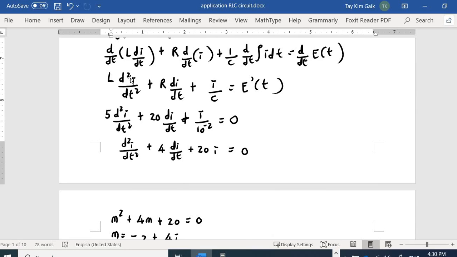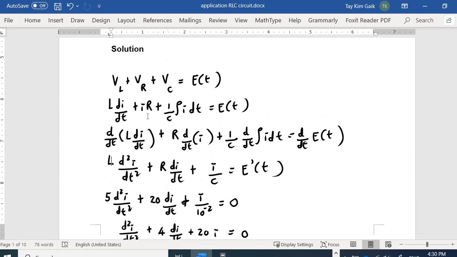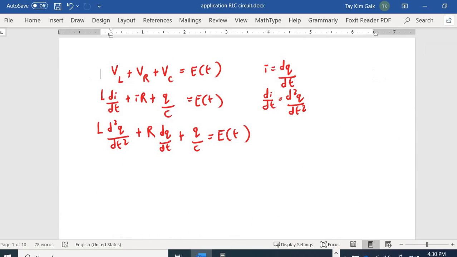With charge, all the I changes to Q, but the right side is E(t), because the V_C formula in terms of I is 1 over C integral of I dt. To eliminate the integral, we take d/dt. That's why there's a slight difference here. And now plug in L is 5.